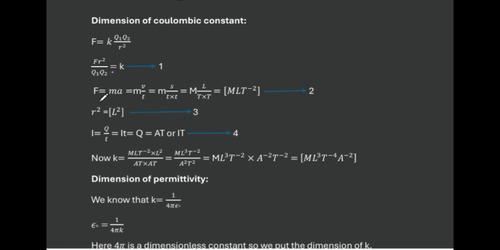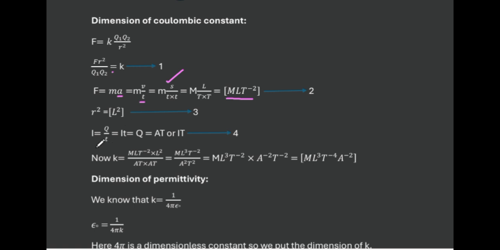We know that F is equal to ma, acceleration is equal to v divided by t, and v is equal to s divided by t. Now if we put the dimensions of these terms, we take the dimension of force as M L per T square, and the dimension of R square is L square.